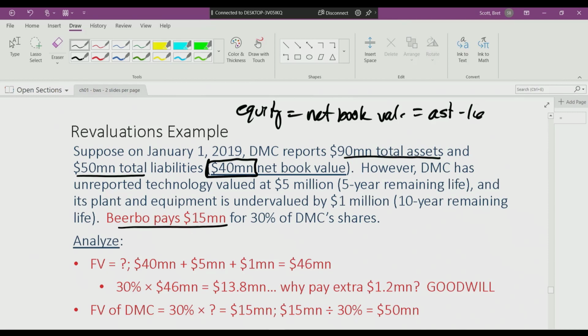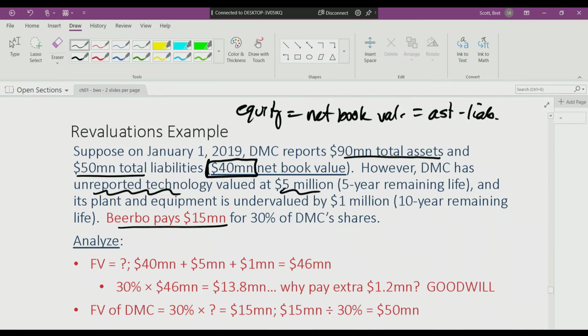Now, we knew that from the previous example. Now we're given more detail about it. Why do we need to know more about these different assets? Well, when we look at the assets of DMC, they have some unreported technology that they could patent or sell on the open market for like $5 million.